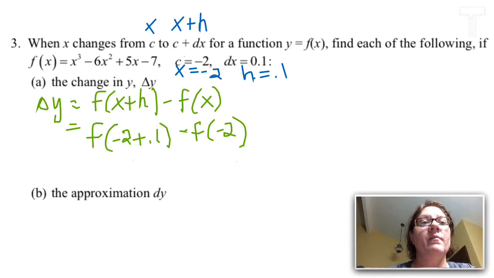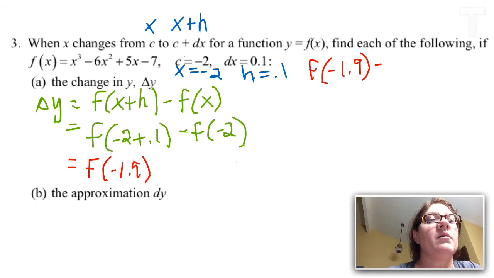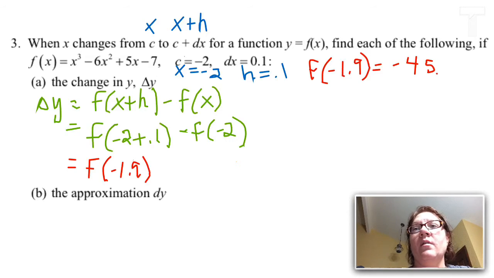So over here to the side, I have to find each of these. So f of -1.9, because that's what that first piece would equal. Well, I have to plug in -1.9 for all the x's, and I'm going to need a trusty calculator to do that.